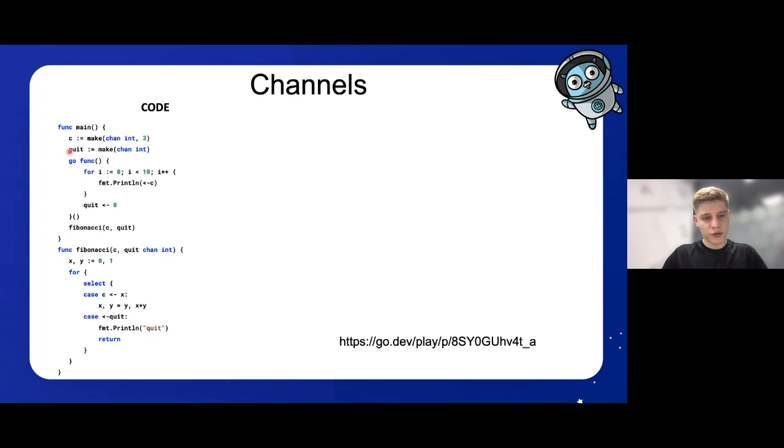In case we've got the quit channel with any value, for instance 0, as we can see here, we're just quitting our program and printing this message, and execute the return function, and our main function is interrupted.